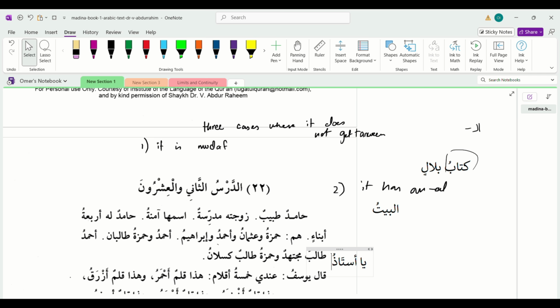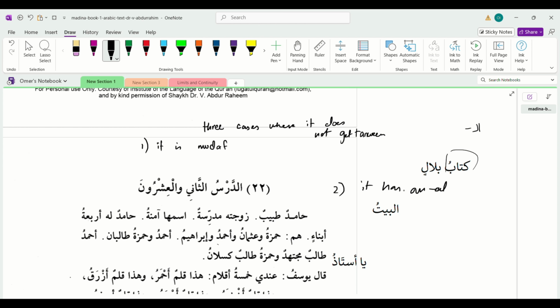But generally, we do not say ya ustazu, since when we stop speaking in Arabic, we don't say the last case ending of the word. So ya ustazu. It's normally ustazun, but yeah, ustazu. So these are three cases where we do not add the tanween.